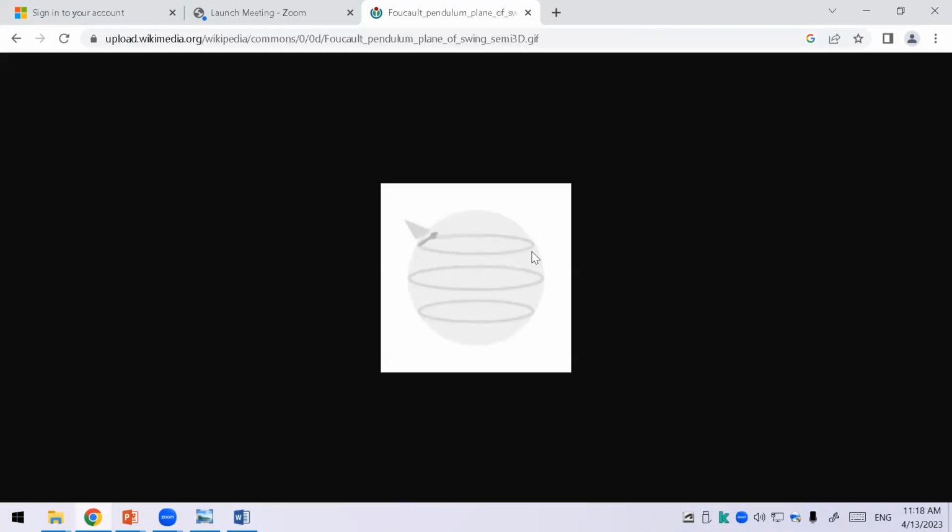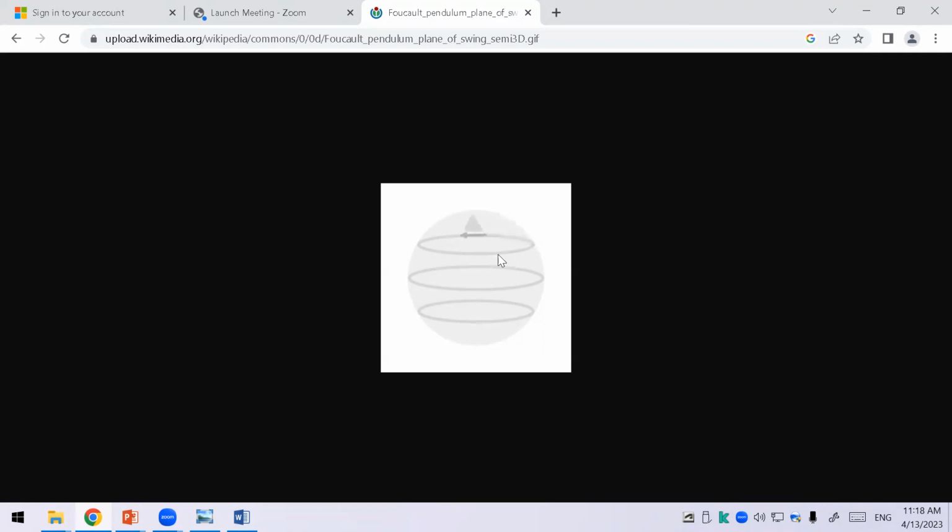At this moment, when it's up here, you can see that the arrow is pointing up. After 24 hours, coming back here, the arrow is pointing down. So what does that mean? That means the plane of rotation has rotated by 180 degrees. And then after another day, this arrow points up again.